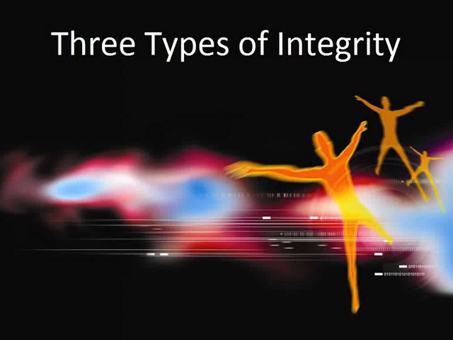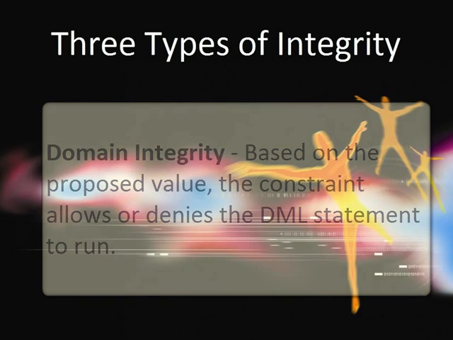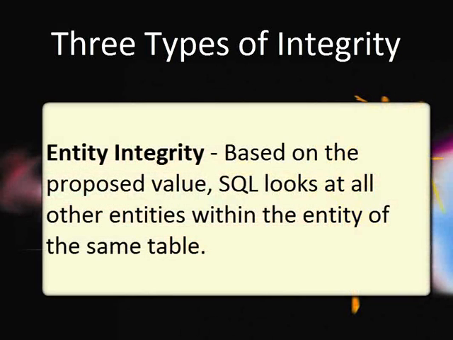Let's recap the 3 types of data integrity. The first one is the simplest, domain integrity. Based on the proposed value, the constraint allows or denies the DML statement to run. It doesn't have to look any further than the value coming in. The next type of integrity is entity integrity.